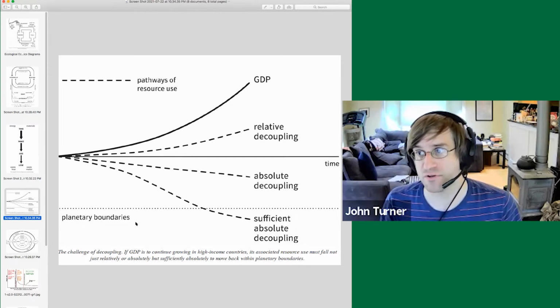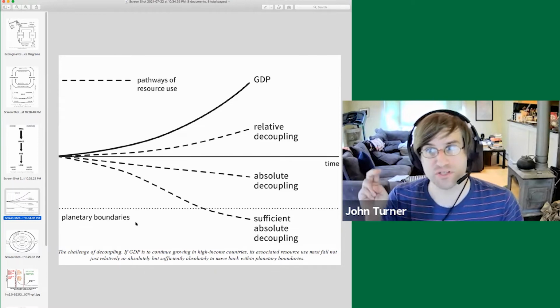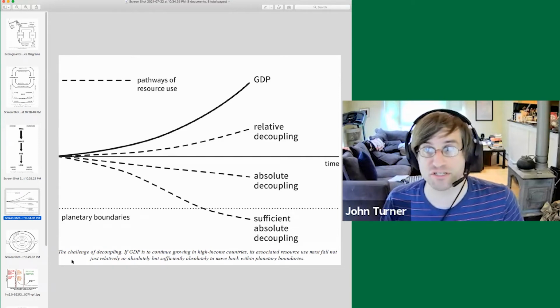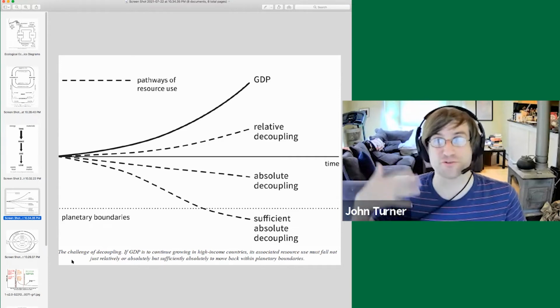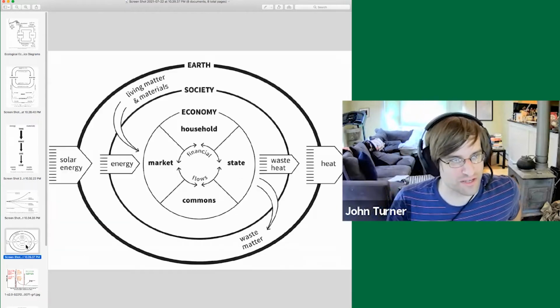That is, there is almost no substitute. We should assume very little substitutability for most resources. And resources there also refers to processes, because it's not just the stuff, it's the stuff that is required to maintain the stuff. It's thinking ecologically.